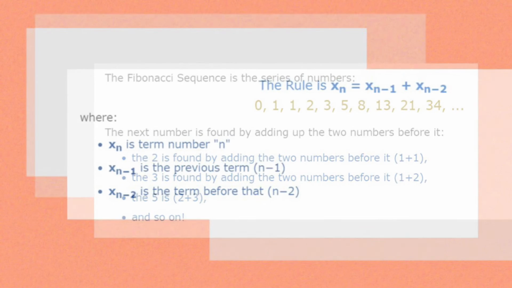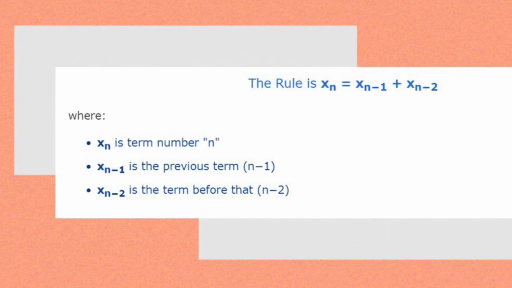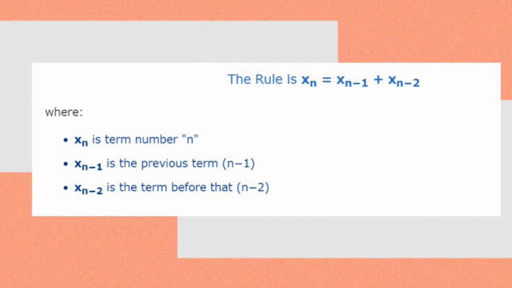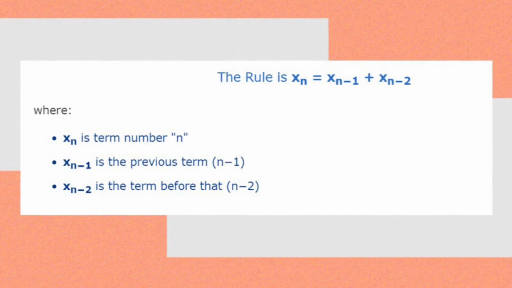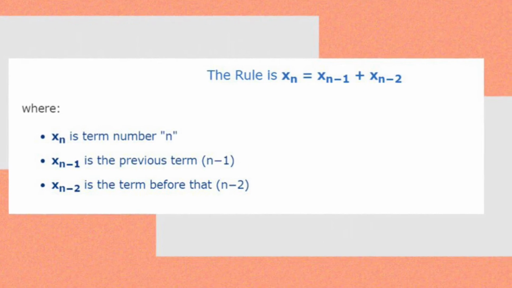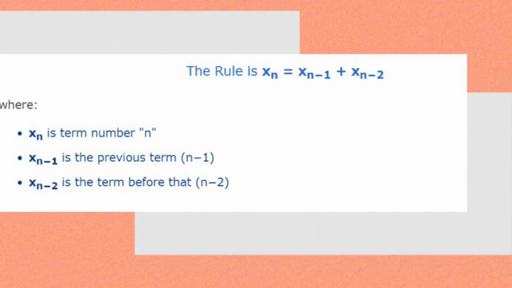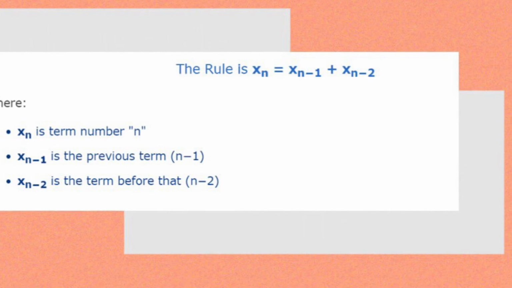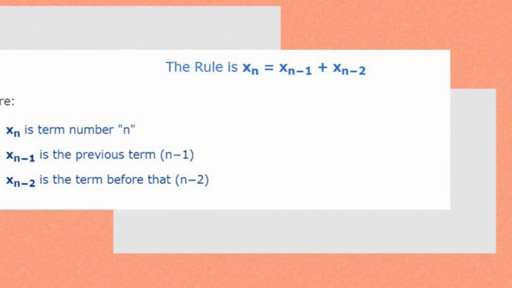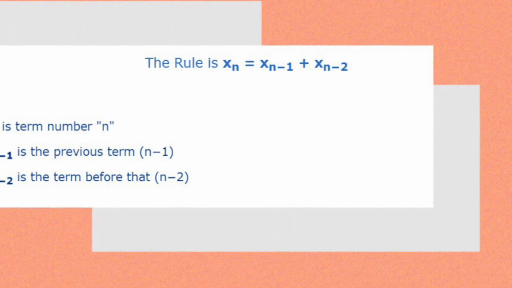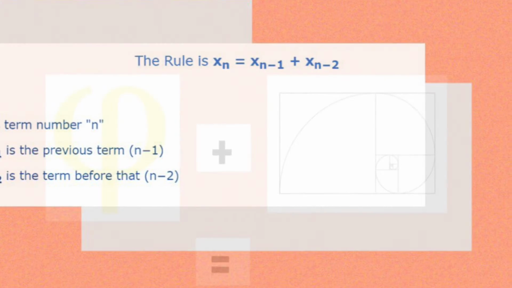Algebraically, this is denoted as x sub n equals x sub n minus 1 plus x sub n minus 2, where n is the number in the sequence and is greater than 1, and f0 equals 0 and f1 equals 1. For more information on the Fibonacci sequence, visit mathisfun.com.